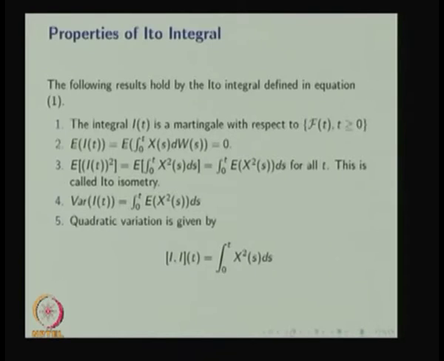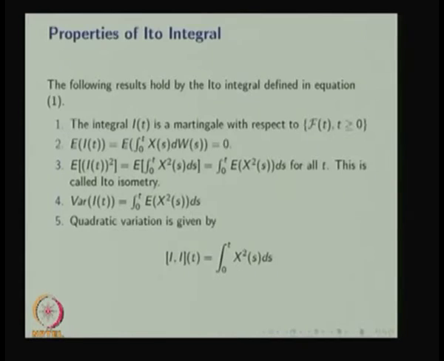So, for the proof, if you want to verify that a stochastic process is a martingale, you have to check three properties. The first property is that the stochastic process, for fixed t, has to be integrable.